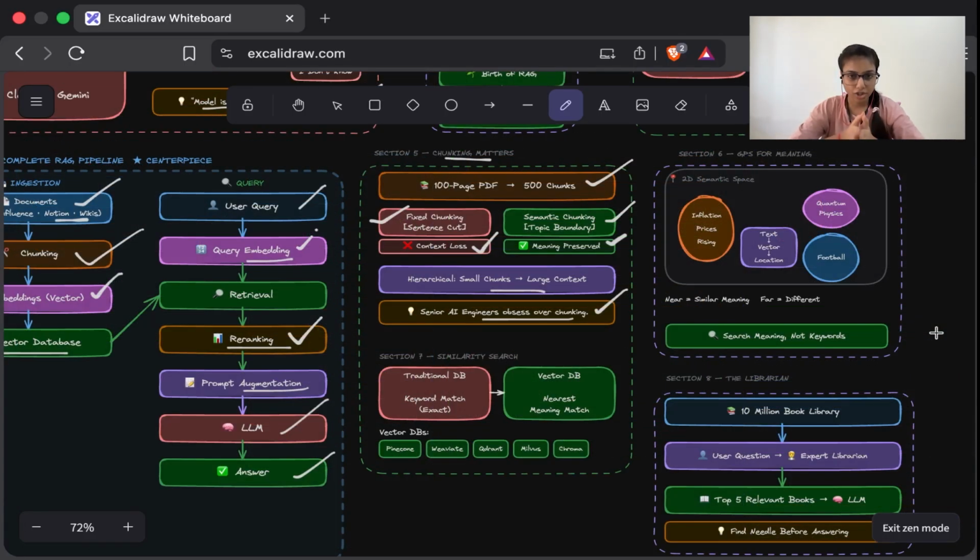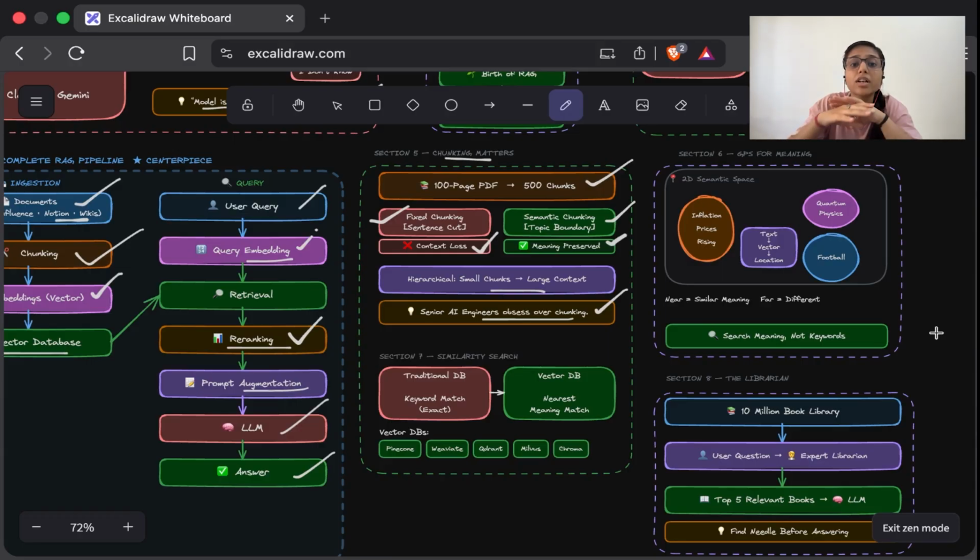After understanding chunking, now we need a way for machines to understand meaning. This is where embeddings come in. An embedding is simply a numerical representation of text, but instead of thinking about thousands of dimensions, here's a more intuitive way to think about it. Imagine GPS coordinates for meaning. Text discussing similar ideas lives in the same neighborhood.